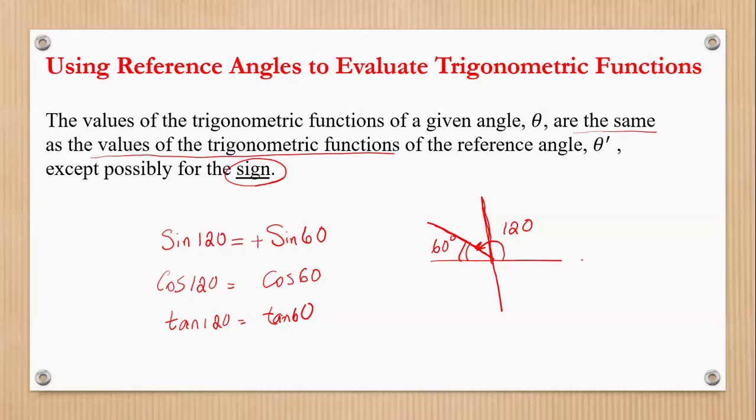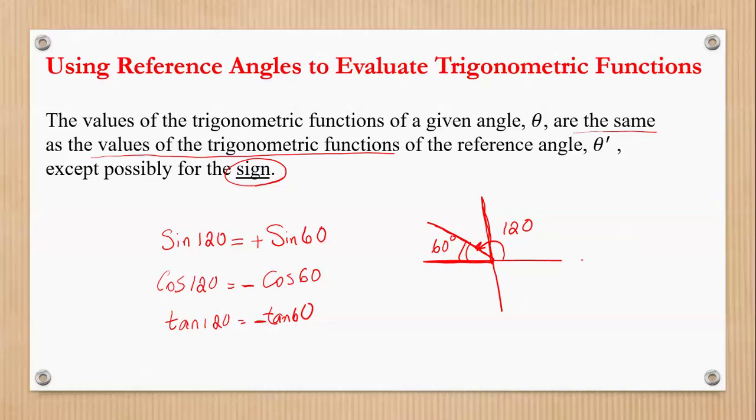The cosine in the second quadrant is negative, so the cosine of 120 is the same as the cosine of 60 in value, but the sign must be negative. In the second quadrant the tangent is negative too, which means the tangent of 120 has the same value as the tangent of 60, but negative.